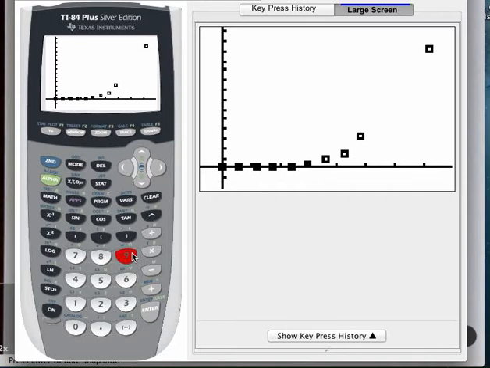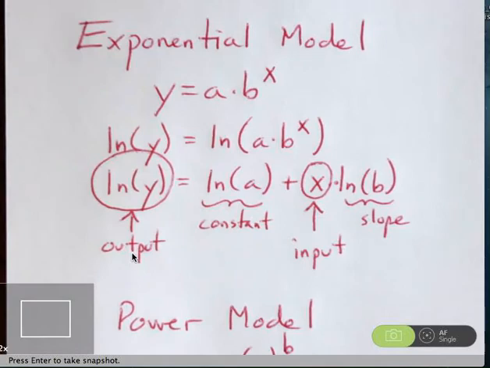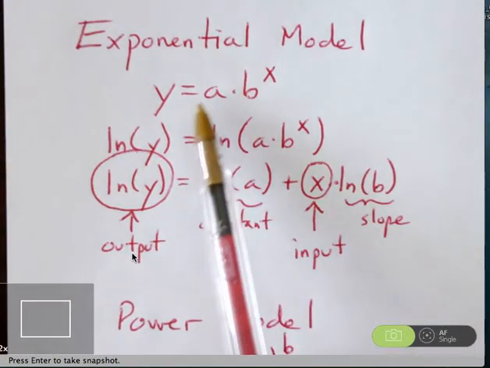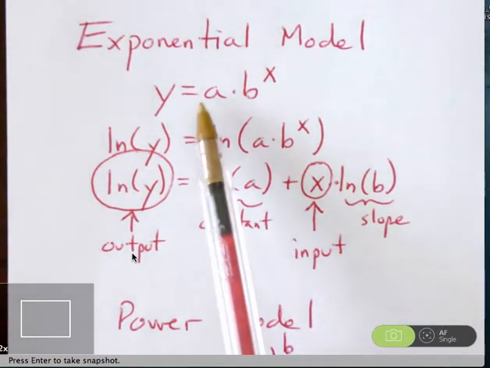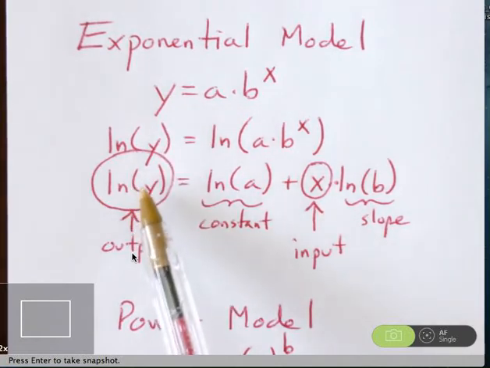So next we're asked to graph the logarithm of the mean colony size against time. You could use common logs, but I'm going to go ahead and use natural logs. And the suggestion here is that this model should indeed be exponential. Take a look. In an exponential model, if I take the log of both sides, the left side turns into the log of the response variable, so that would be the log of the average colony size.